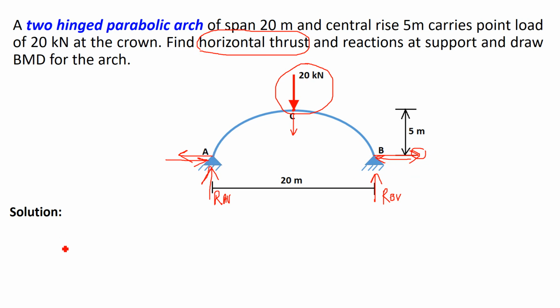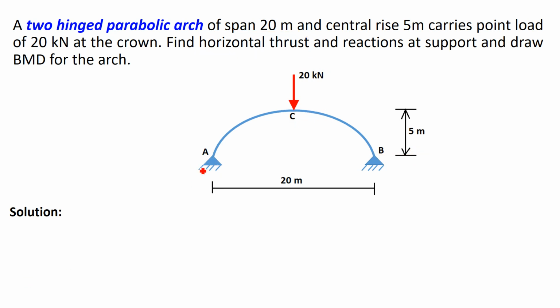These two horizontal reactions at A and B are called horizontal thrust. Horizontal thrust means the horizontal reactions developed at hinge supports, but their direction is fixed. When the arch is subjected to downward transverse load, the horizontal reaction at A must be towards right and at B towards left.